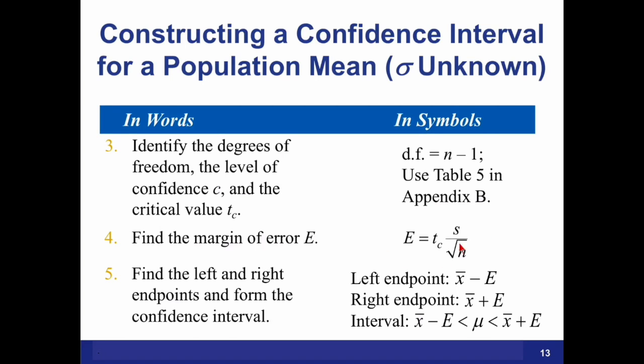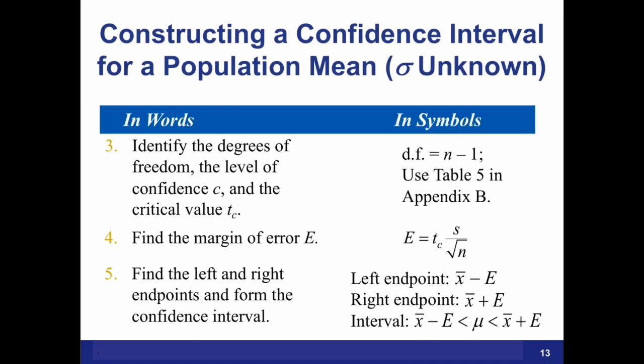Once we have the margin of error, then we proceed as in the previous section to find the left endpoint of the interval. You take the point estimate minus the margin of error, and to find the right endpoint, you add to the point estimate the margin of error, and then you have your interval.